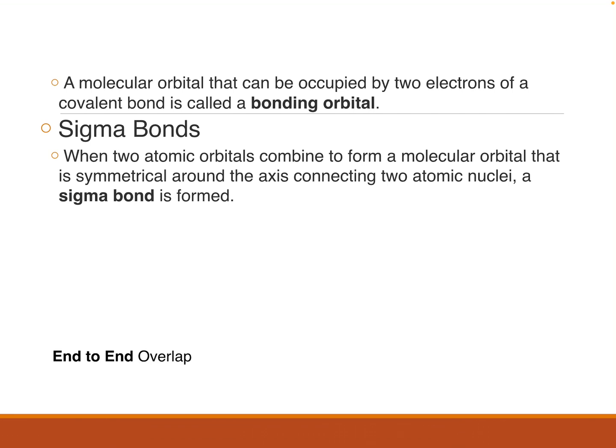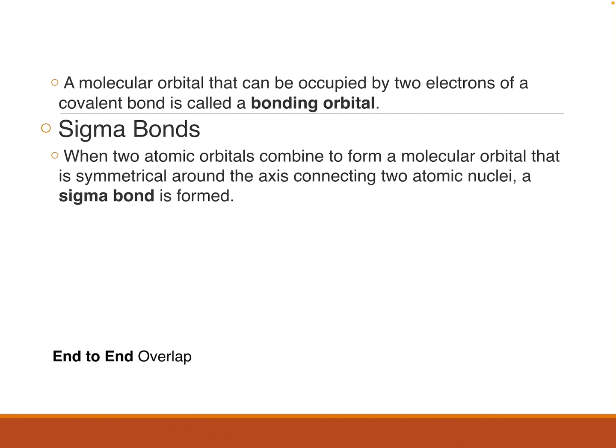So that bond is going to be called a bonding orbital, and when two atomic orbitals combine to make an orbital that's being shared, it's symmetrical around the axis that's containing the two atomic nuclei, and what is called a sigma bond forms.